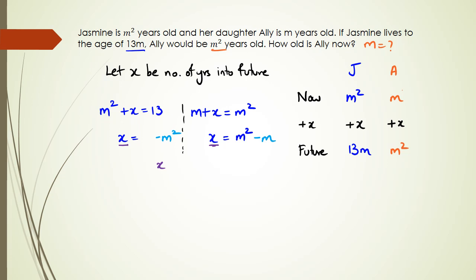Because X is equal to X, I can say 13m minus m squared equals m squared minus m. At this point, I've just missed something, haven't I? Oh, 13m. Sorry, that should be 13m right there. I made a mistake.